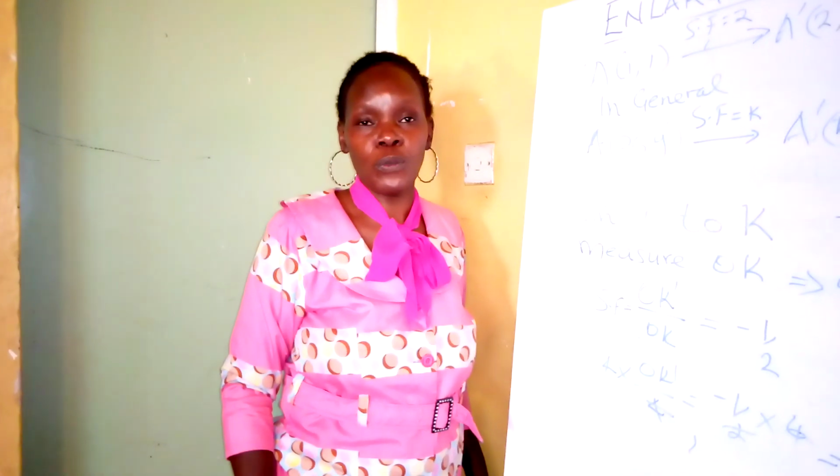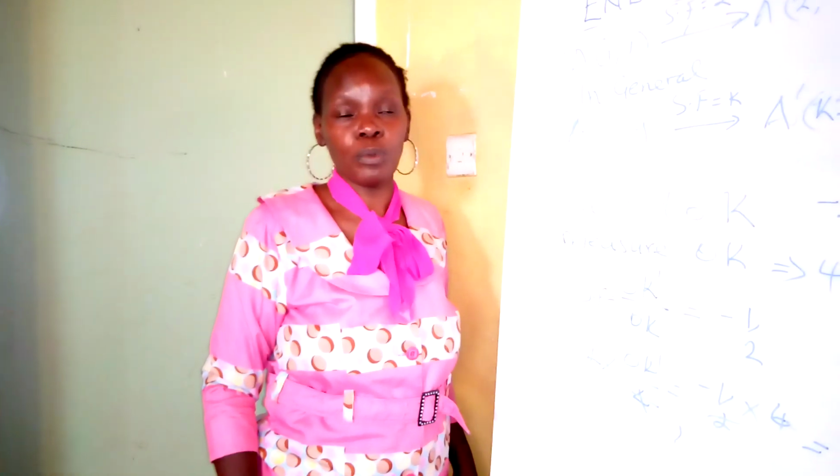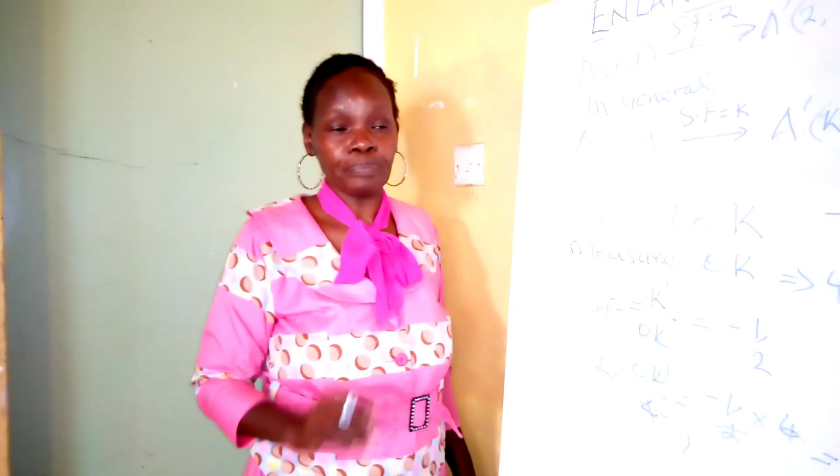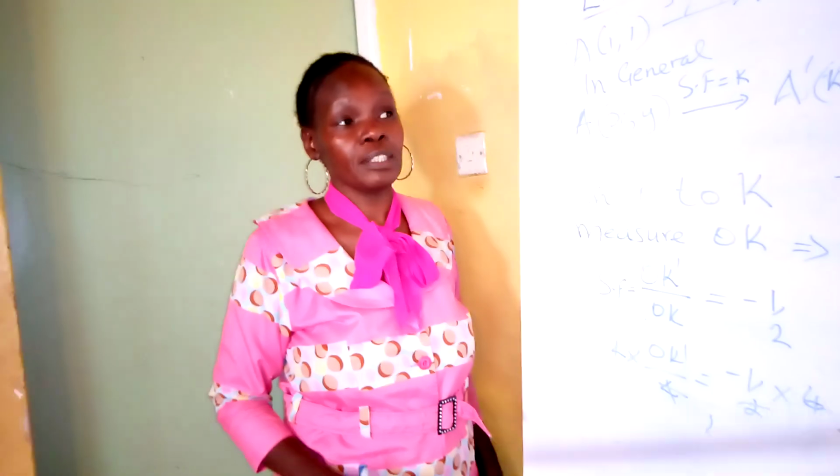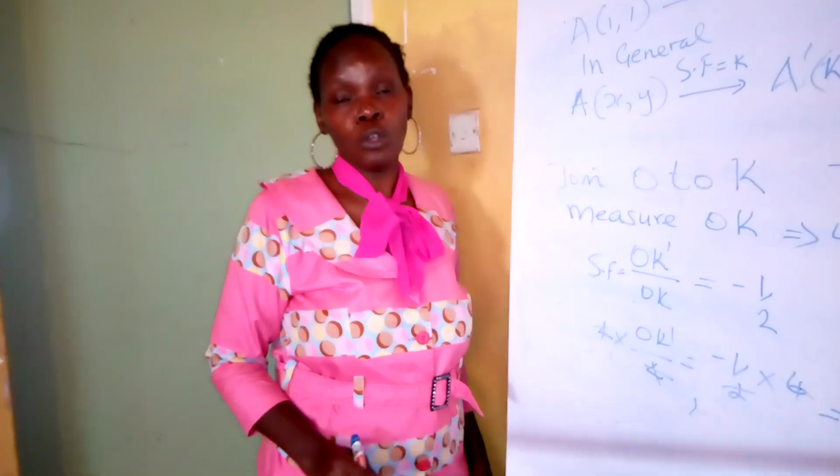I wish to request you to do a few examples from your textbooks so that you may be able to learn this enlargement in a better way. I'll give you also a challenge.